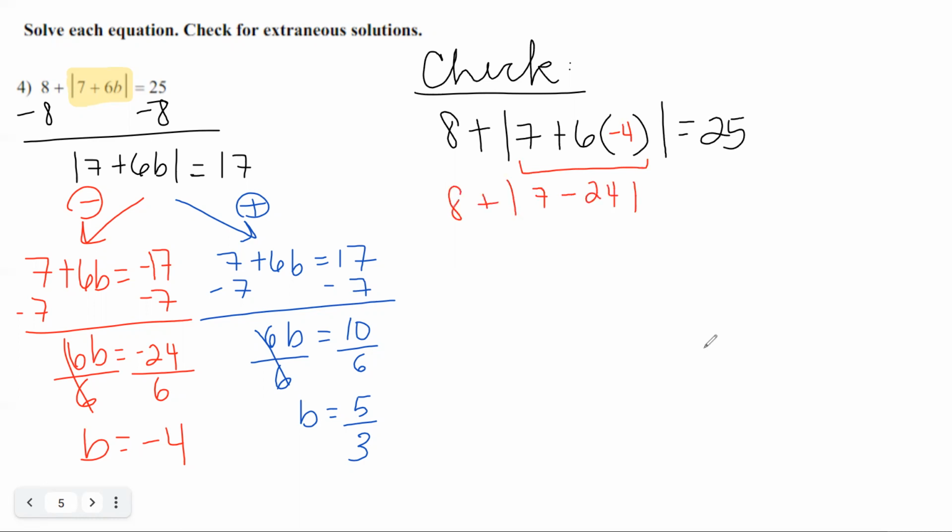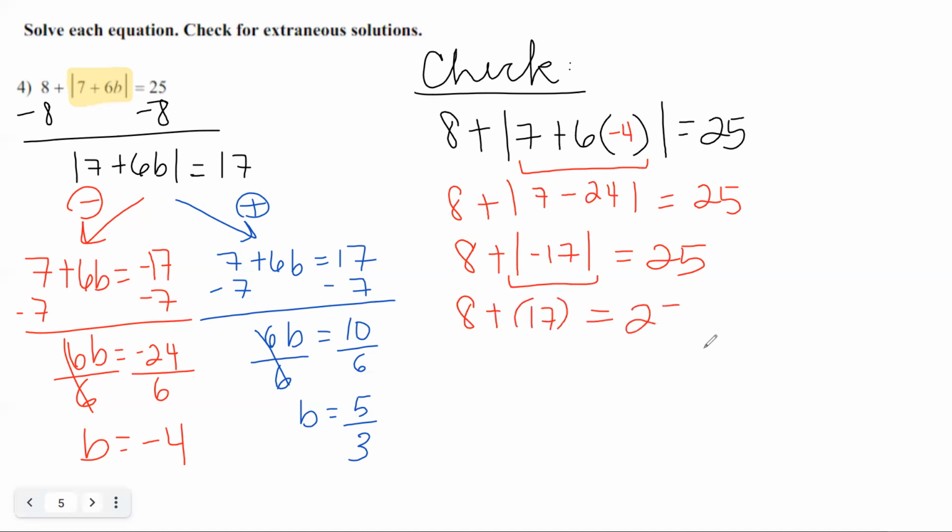And then 8 plus that value. And I want to know if that's 25. And 7 minus 24 is negative 17. So I have 8 plus the absolute value of negative 17, and I want to know if that's equal to 25. But the absolute value of negative 17 is just positive 17. So 8 plus 17, is that equal to 25? Yes, it is. So negative 4 is certainly a solution.